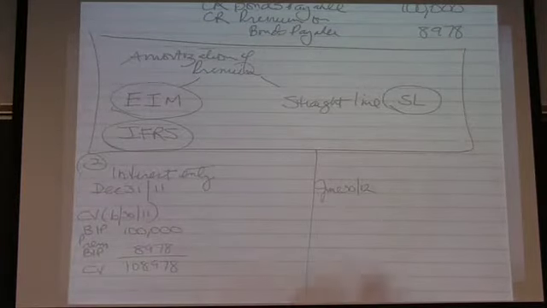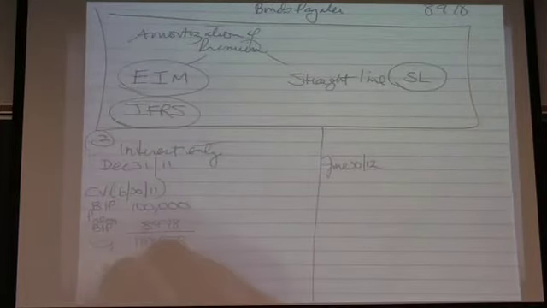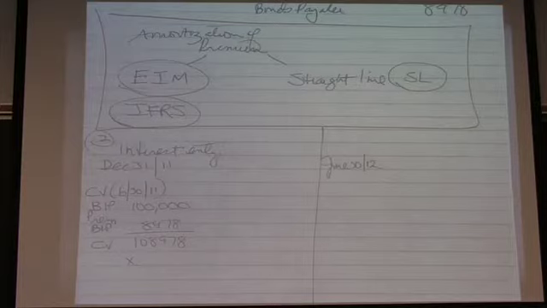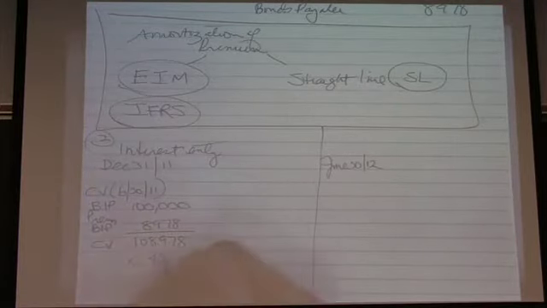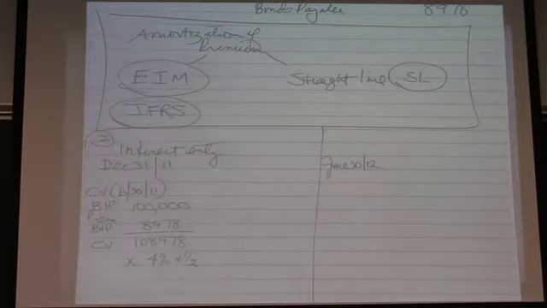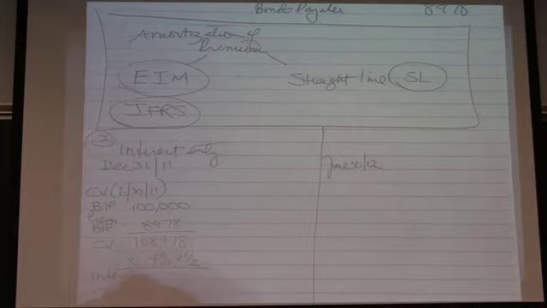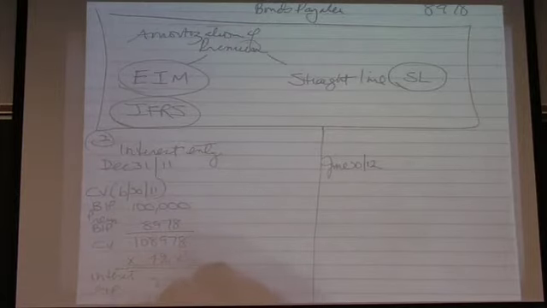We're going to multiply this by the interest, which is the market rate, and the market rate is 4%, times 1/2, because it's only half a year. The interest expense is 2180. Again, I'm rounding here.